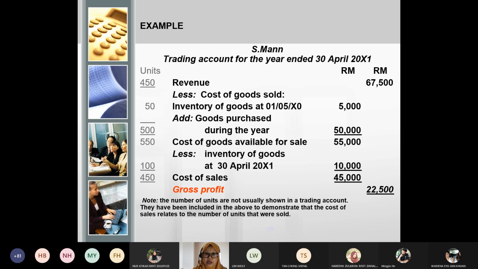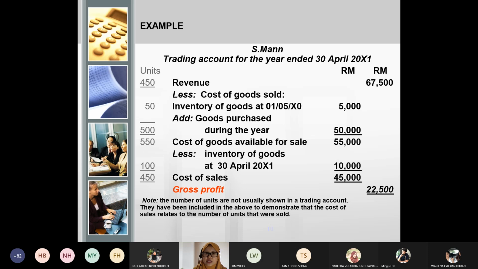Now let's try to calculate cost of goods sold. We start with the beginning inventory. At the beginning S-Man has 50 units at the cost of 100 ringgit, so 50 multiply 100 ringgit is 5,000.